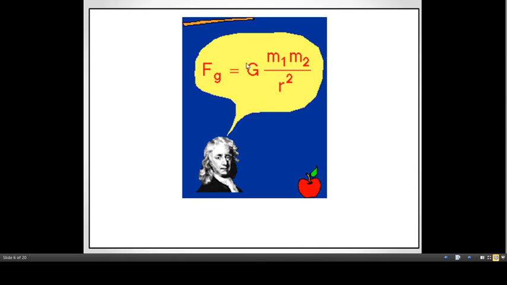Yes, the force of attraction between any two bodies is directly proportional to the product of their masses and inversely proportional to the square of the distance between them. So what about this G? G is nothing but, yes, the universal constant of gravitational attraction.